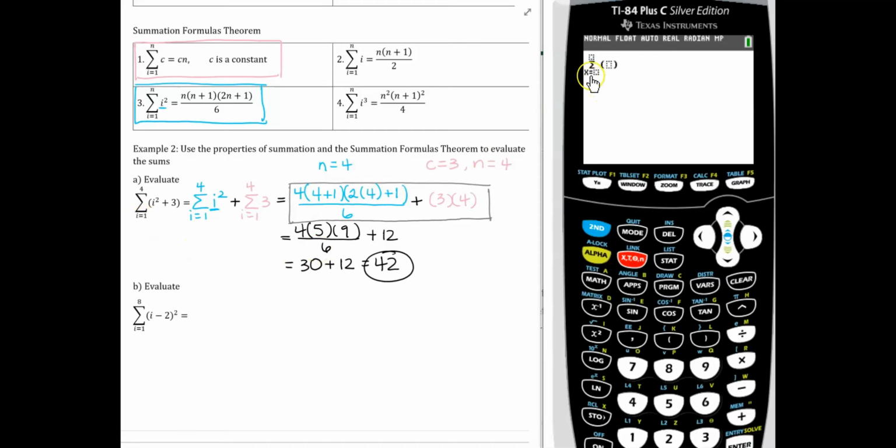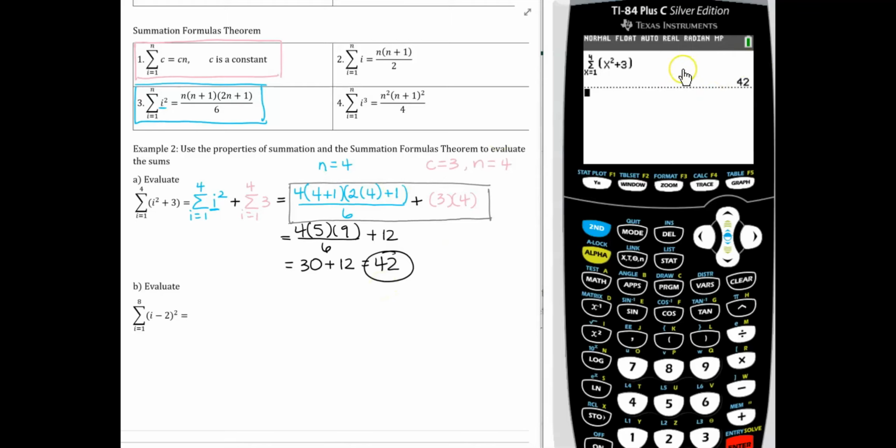I'm just going to put X there for my index. Then it starts off with the lower bound being 1. I will push up until I get to the upper bound, which I will make 4. And then inside of my sum, I'm going to put X squared, which represents the i squared. And then I will add 3. Now hit enter on that, and fantastic, we get 42, just like we computed by hand.